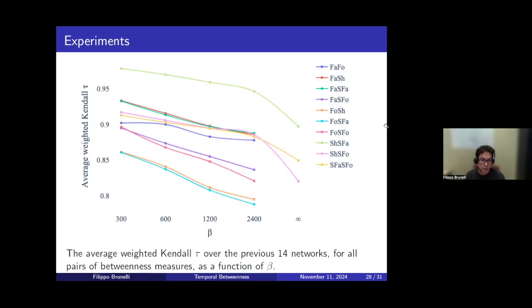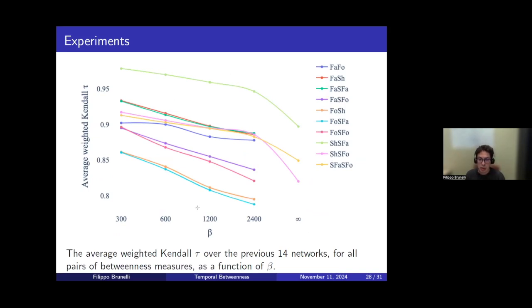While in this second part, we are computing the temporal walks for different waiting restrictions, different values of the maximum waiting time, expressed in seconds. So we have 5 minutes, 10 minutes, and so on, and no waiting restriction.